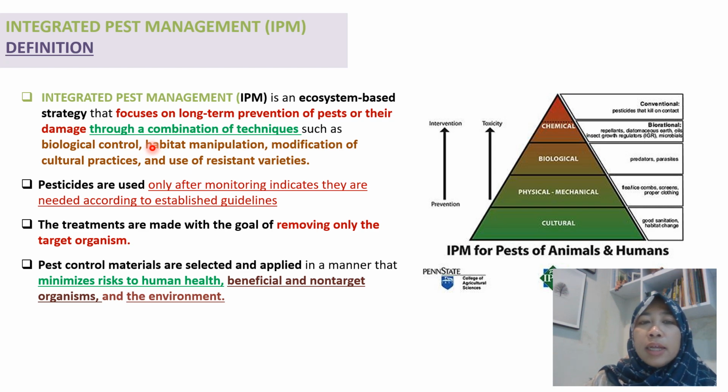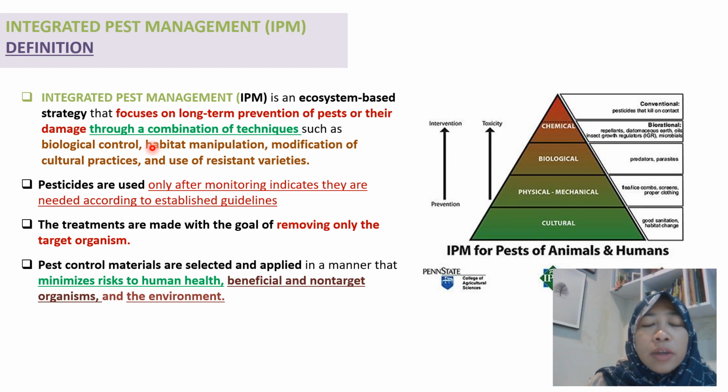They also use refugia plants to energize themselves. They use the nectar, so after they eat nectar, especially parasitoids, they can search for the pest in the field.